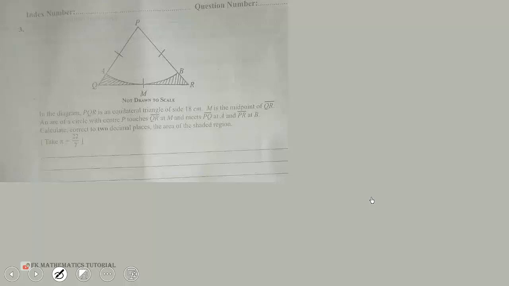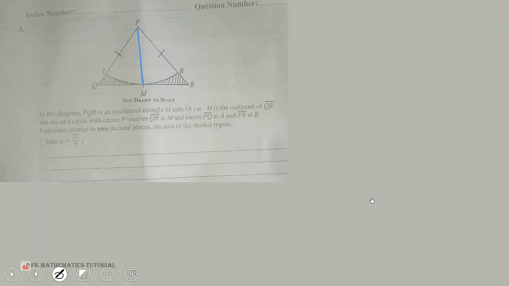So since this is an equilateral triangle, when we draw a straight line from P to M, it will divide the angle into 2 equal parts.